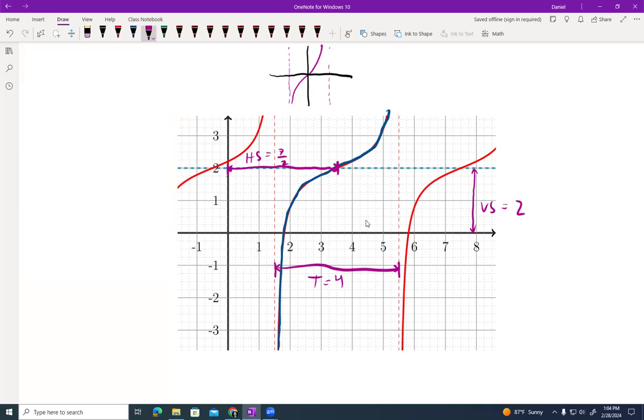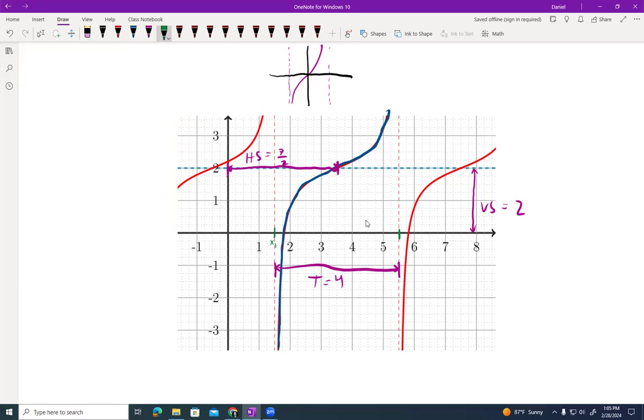So the very last thing we want to do is amplitude. And the easiest way to do this is by finding out where your key points are. Let's start with the x values here. Your first key point is right here at this vertical asymptote, so that's going to be your x1.